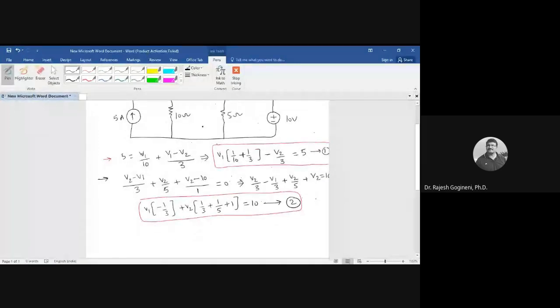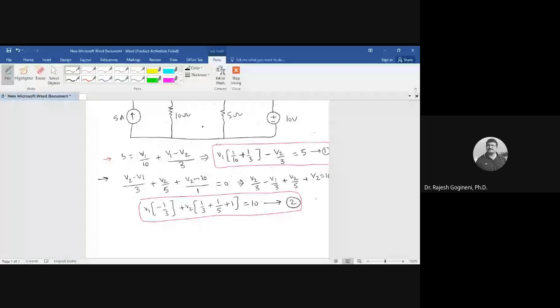So 1 by 10 is 0.1 plus 1 divided by 3, 0.43 V1 minus 0.33 V2 is equal to 5. This is the first equation.